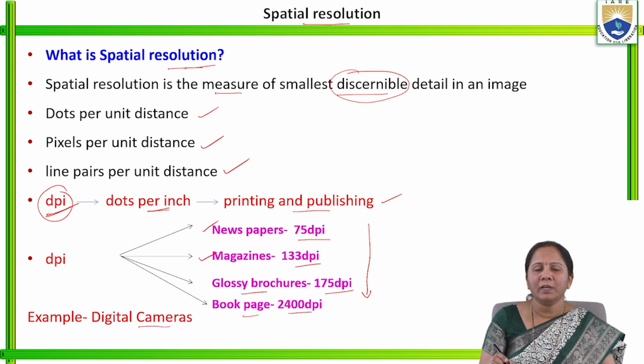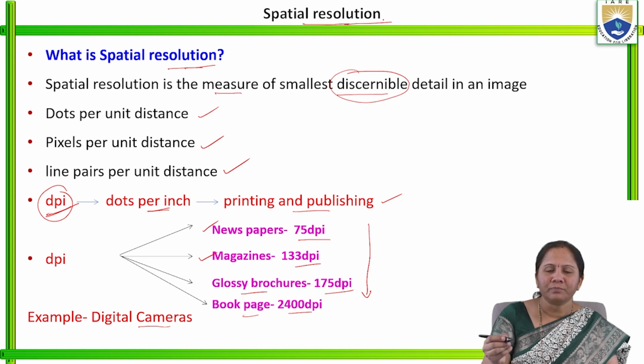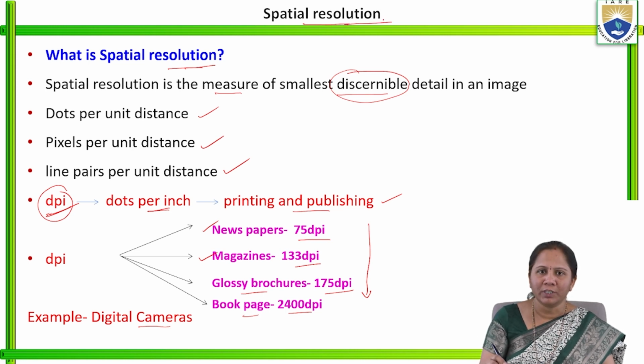If we consider a 20 megapixel digital camera, the quality obtained from that camera will be very good compared to a 2 megapixel digital camera. So as the value of DPI increases, the resolution of the image increases, hence the quality of the image also increases. So this is what spatial resolution is about.